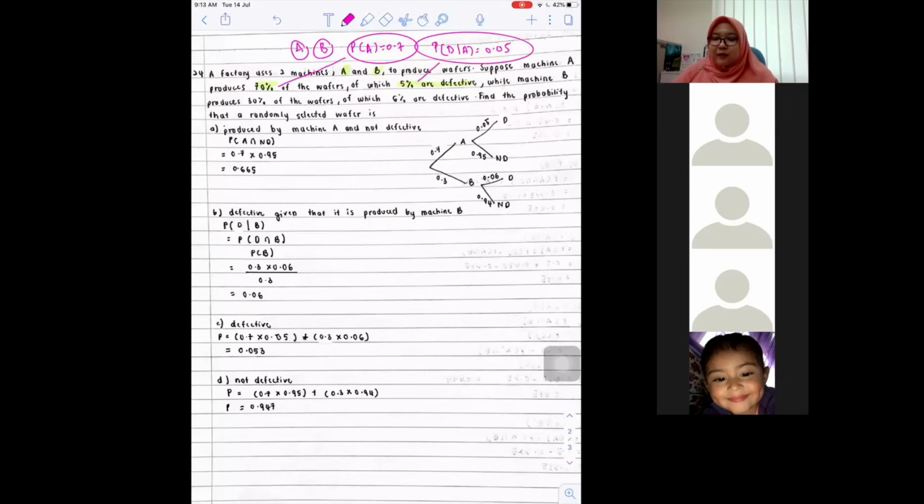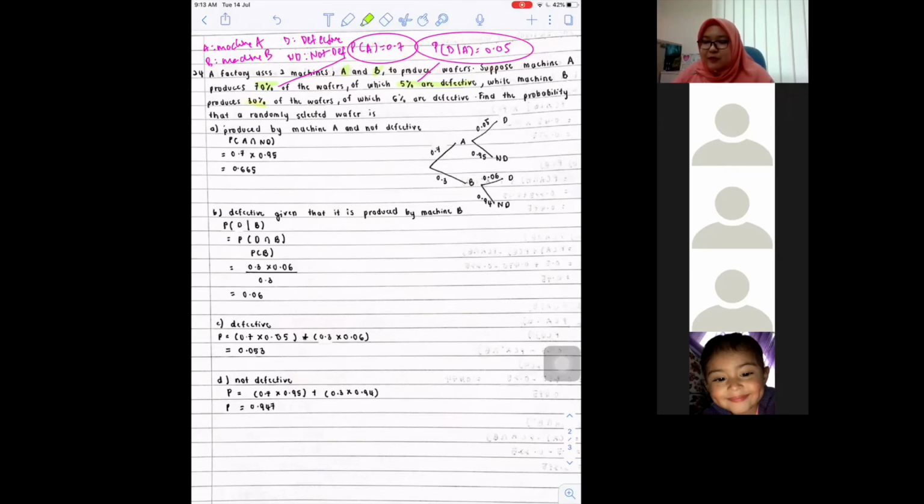So A is machine A, B is machine B, and let's take D as defective and ND as not defective. From the question, we already got P(A) and P(D given A). Let's read further.